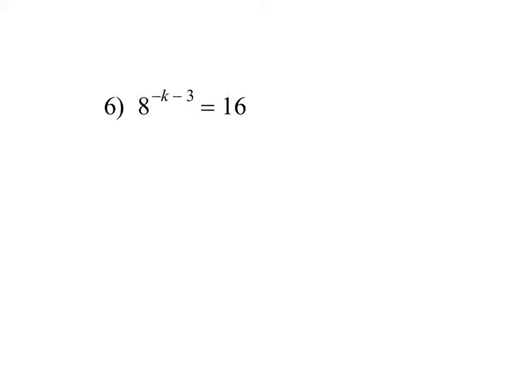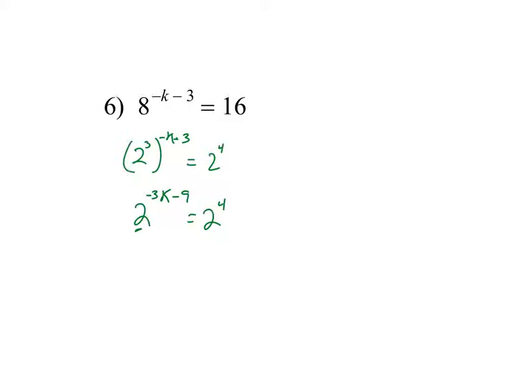Next one. Even though I know that 8 times 2 is 16, I'm working with exponents, so I have to take all of them to base 2. So 2 to the third equals 8. Now 16 is 2 to the fourth. So I have 2 to the negative 3k minus 9 equals 2 to the fourth.